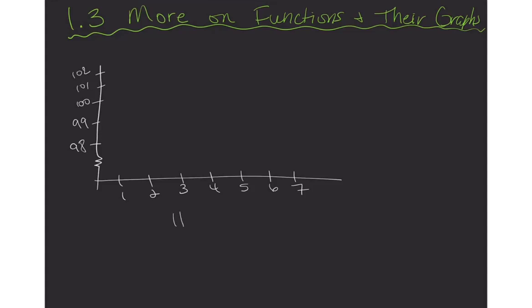And I'm going to say this is hours after 8 a.m. And this is the temperature outside. We'll say it's in degrees Fahrenheit, because if it was Celsius, we'd really be on fire, wouldn't we?